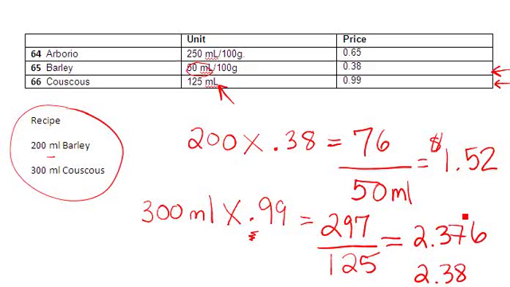Okay, we always round up from 5. So what this is now telling me is that for me to purchase 300 mils of couscous, it's going to cost me $2.38. Okay, hopefully that clarifies any questions you have on how to cost out a recipe.